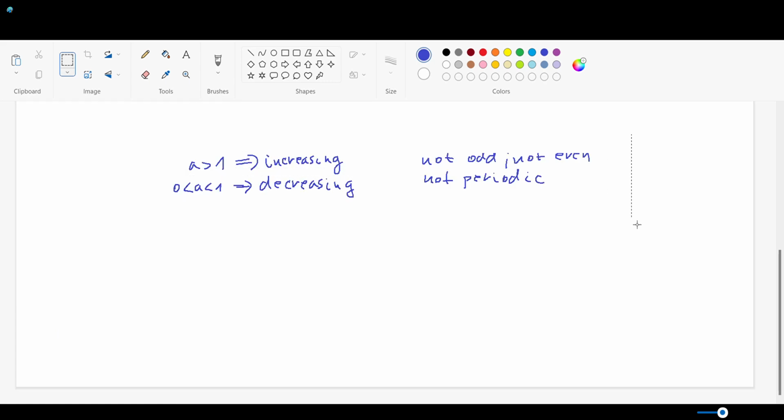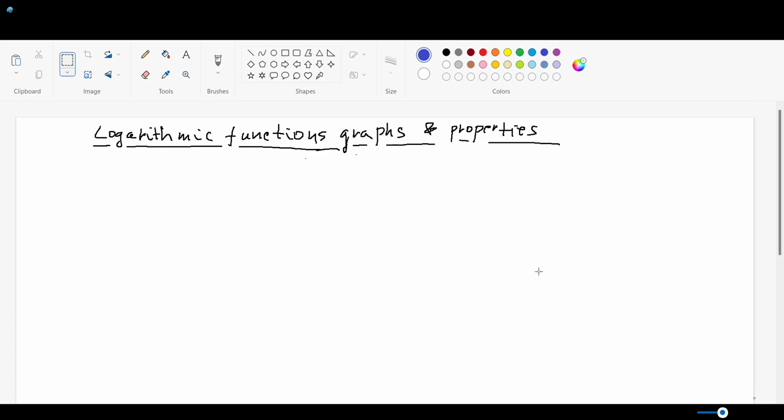So let's do a couple of exercises. Very easy one. Let's sketch the graph of the function y equals log base 4 of x, and then let's sketch the graph of the function y equals log base 1/2 of x, and let's see the difference.